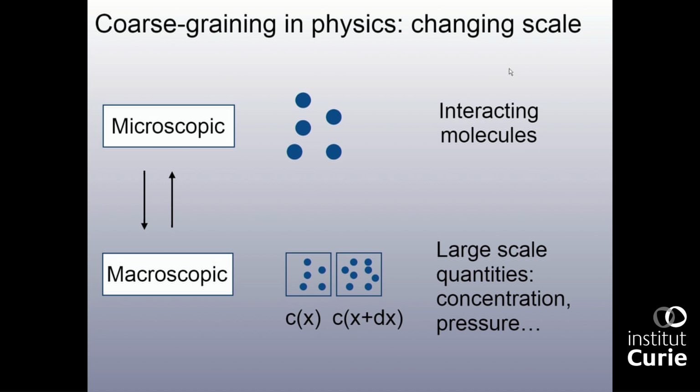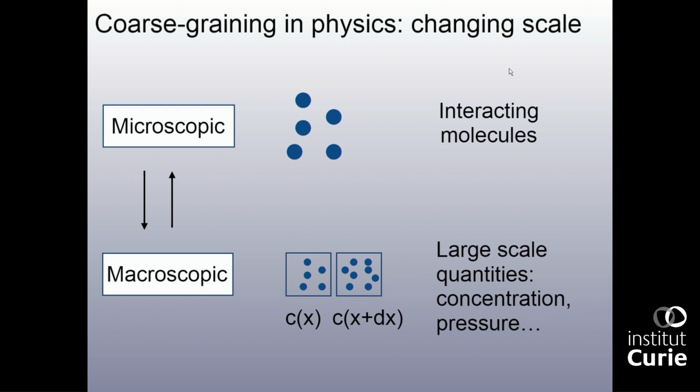And usually, the physical behavior that describes what's going on at the macroscopic scale is, in fact, simpler and independent of many of the microscopic details of the interacting molecules. So many of the microscopic details become irrelevant when we want to describe the system at the macroscopic scale.